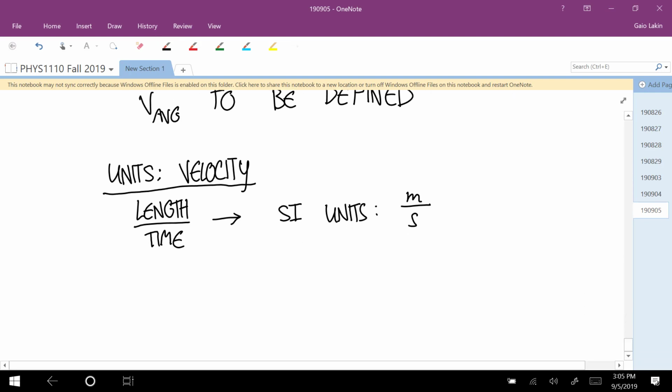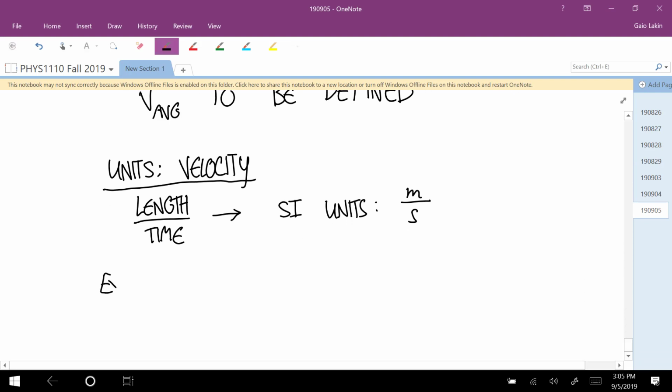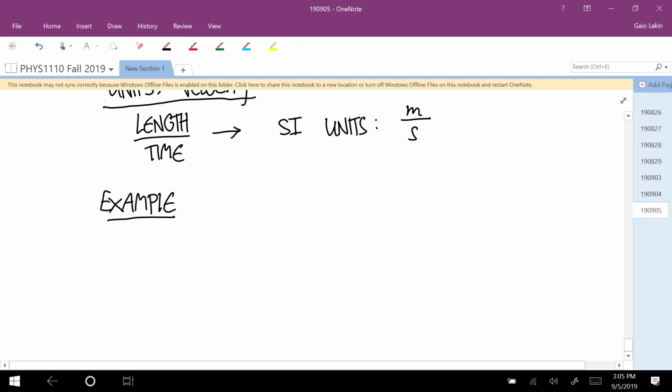Okay, so let's do an example. So let's say that position as a function of time is equal to t cubed.